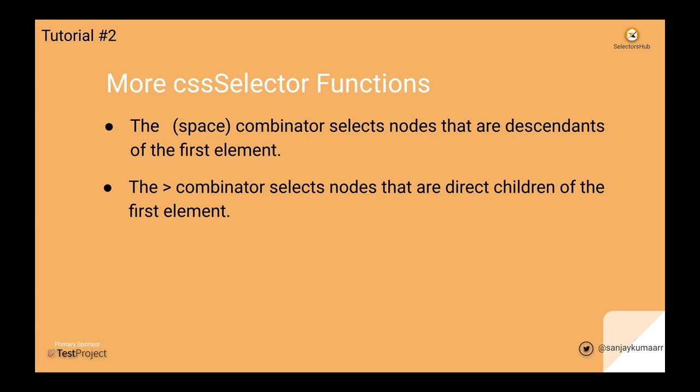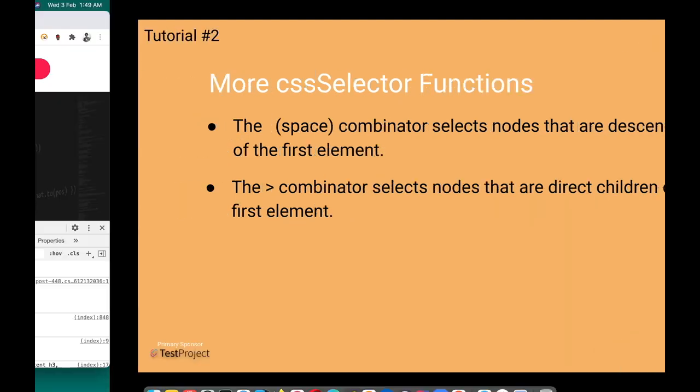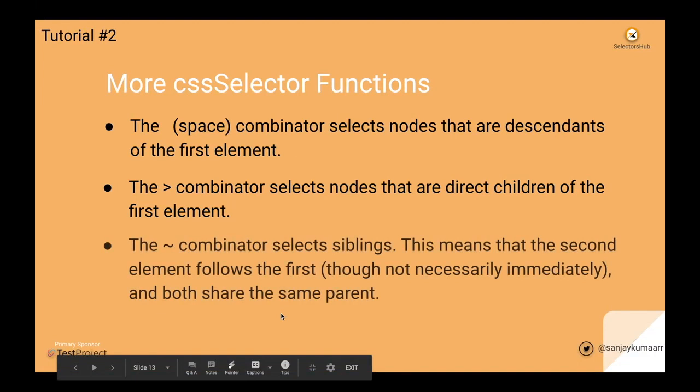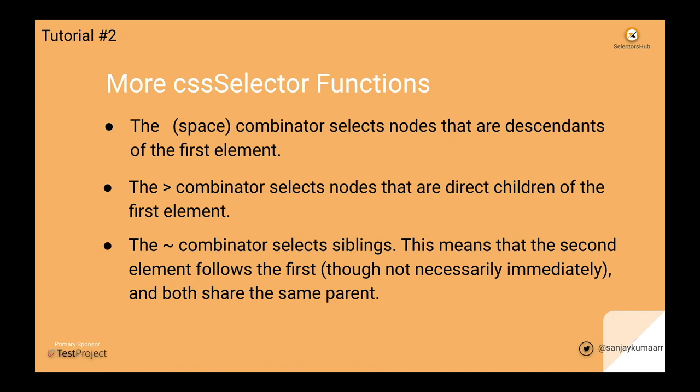Arrow combinator selects nodes that are direct children of the first element. So if you want the children of this element, you can use the arrow, it will show you those children of that. I will show you all of them practically and it is very easy to learn all these functions, and you need not remember all of them, so don't worry about that.